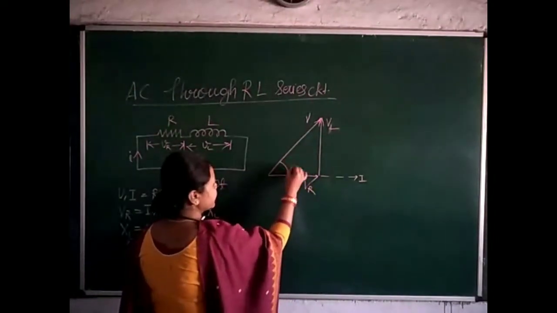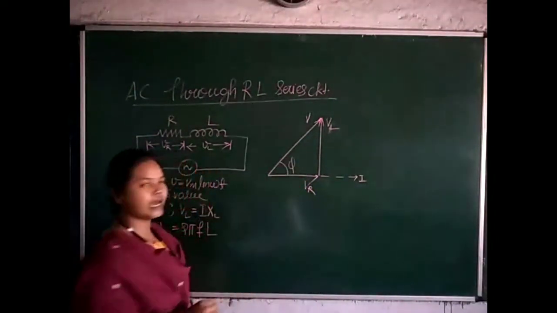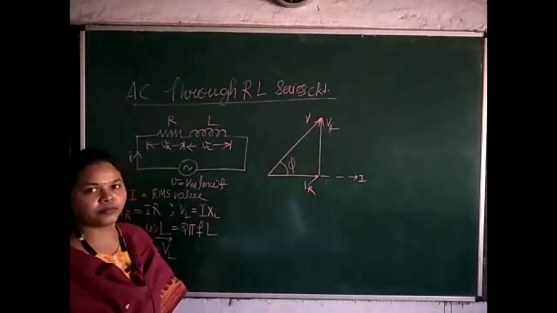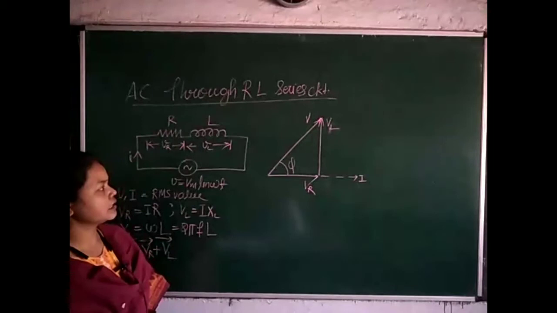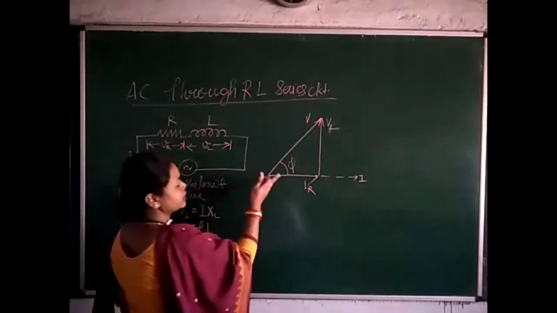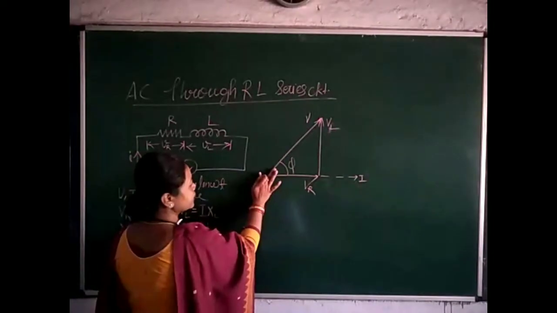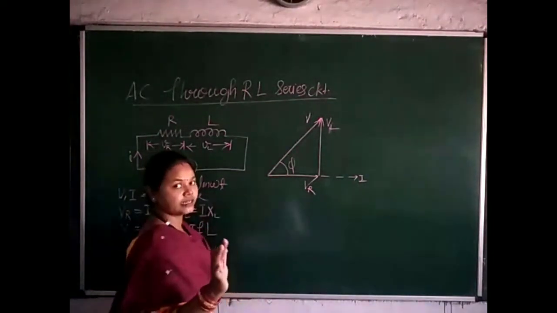Now this angle is called the power factor angle phi, which shows that the supply voltage leads the current by an angle phi less than 90 degree.